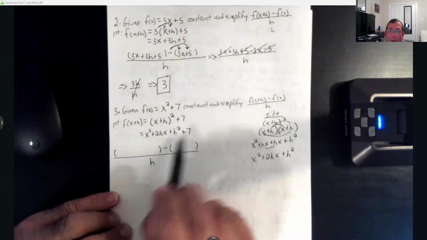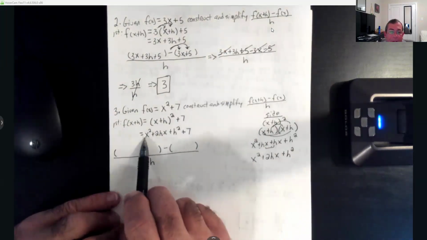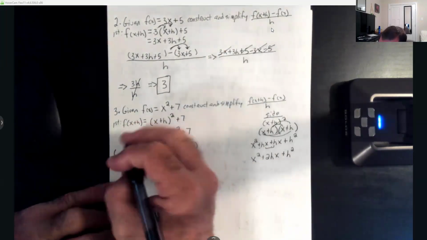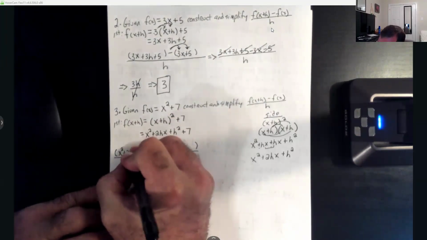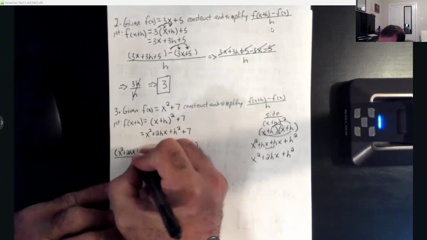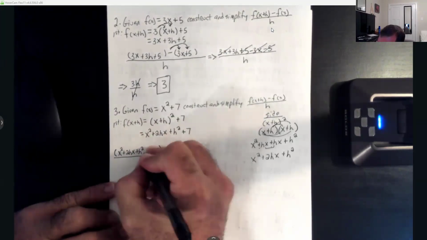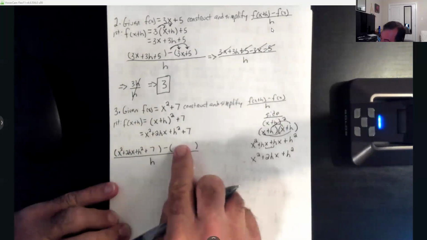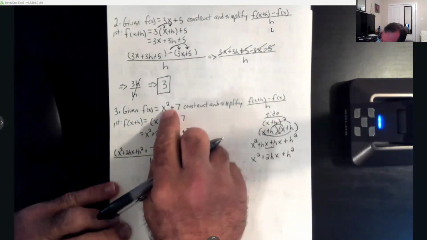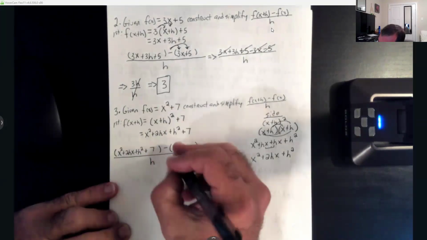All right, so what is my f of x plus h? That's all of this that we just found. X squared plus 2hx plus h squared plus 7. F of x is what they gave me, x squared plus 7.